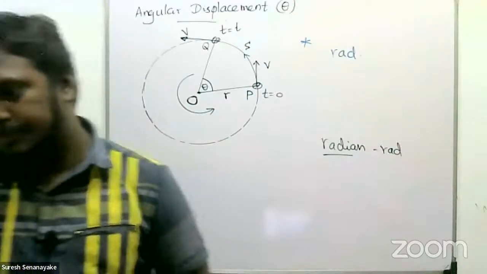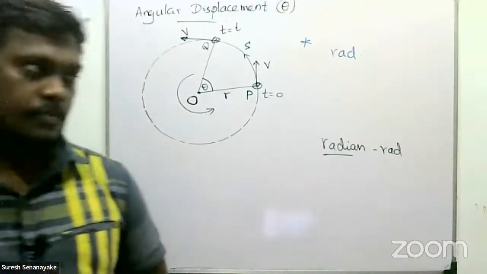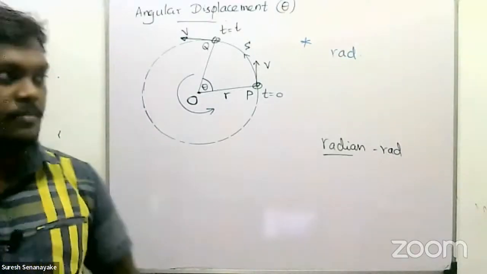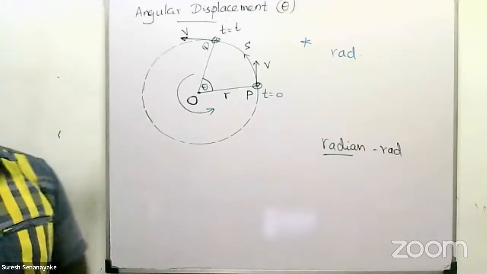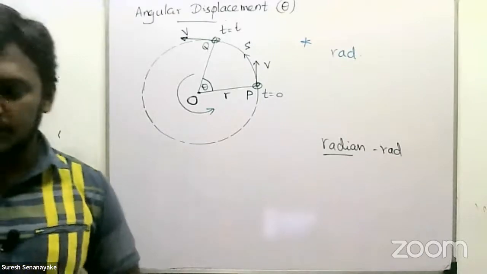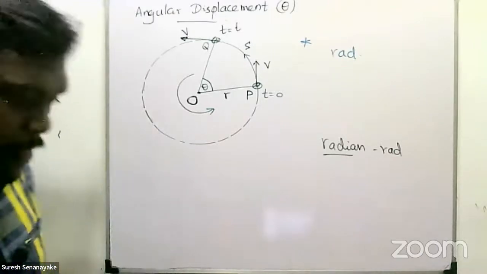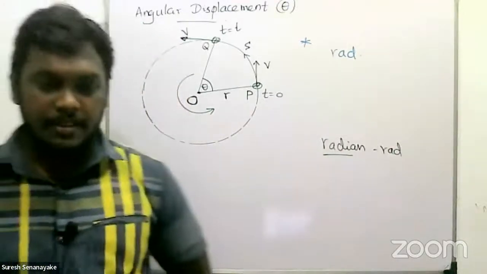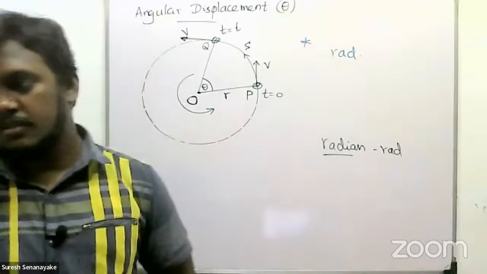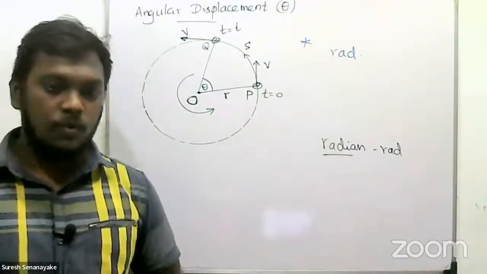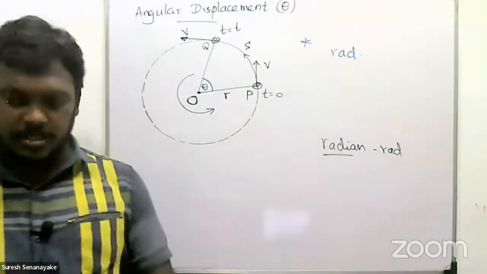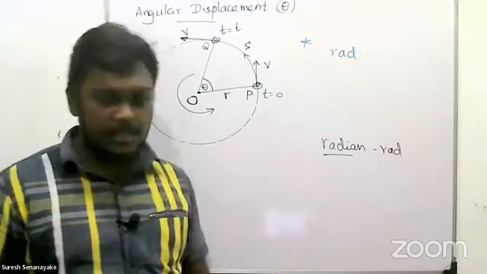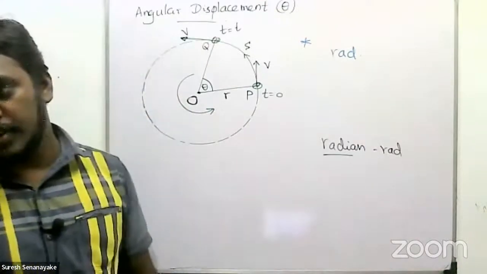Then right there: consider a particle moving along a circular path of radius simple r and its origin capital O.